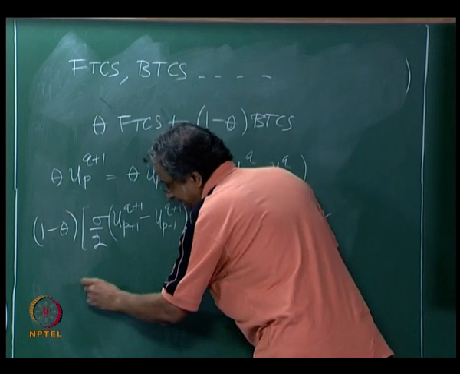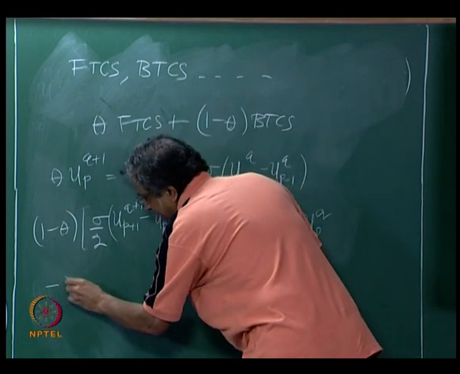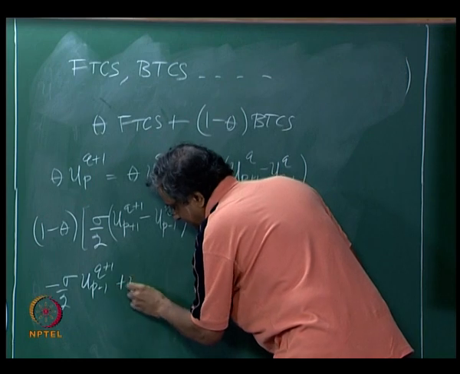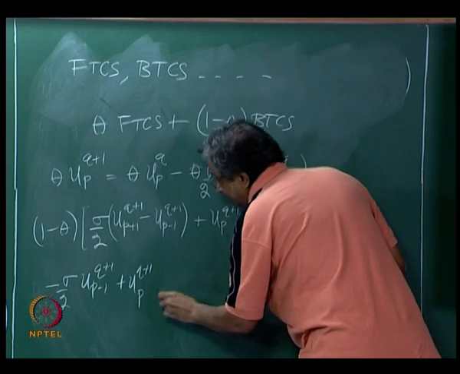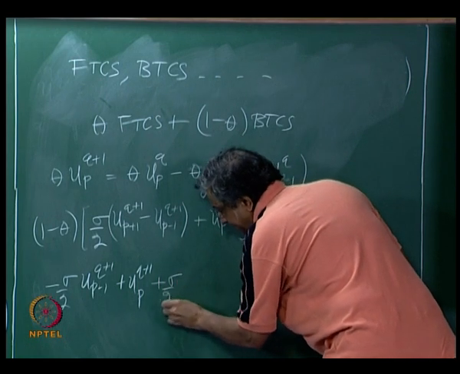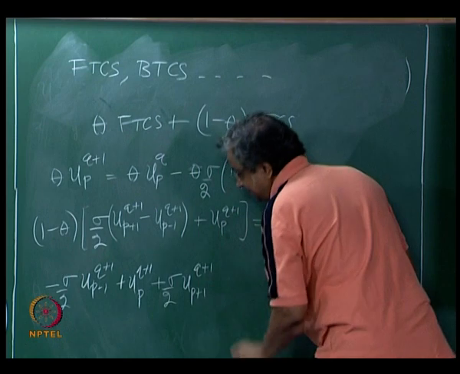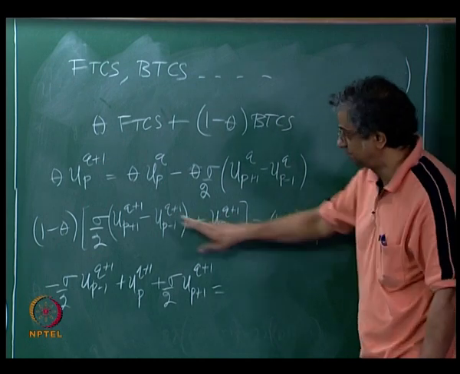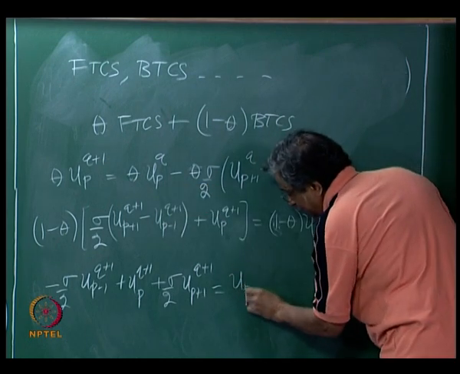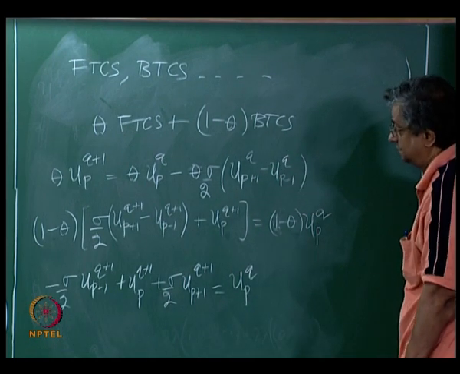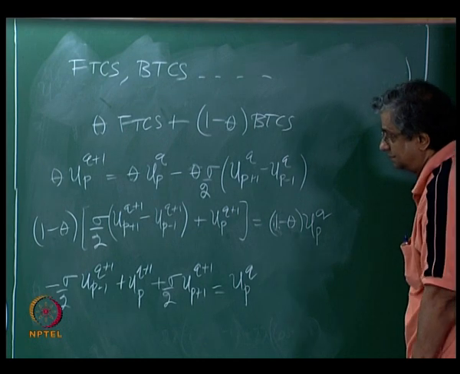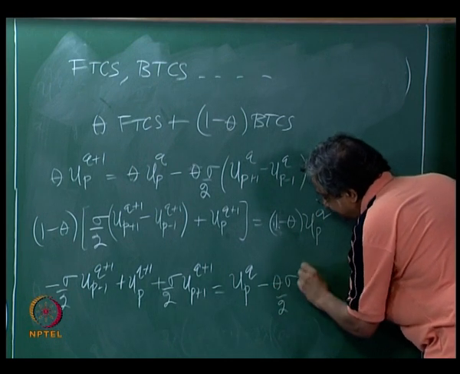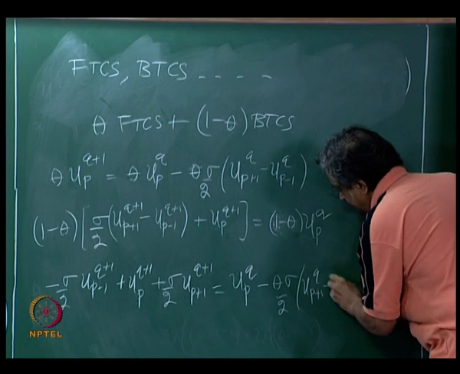So you get minus sigma by 2 U_(p-1)^(q+1) plus U_p^(q+1) plus sigma by 2 U_(p+1)^(q+1) equals, again as I pointed out, the theta and minus theta will cancel, U_p^q minus theta sigma by 2 times U_(p+1)^q minus U_(p-1)^q.